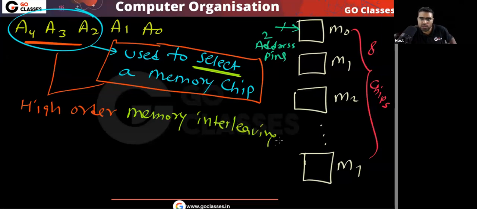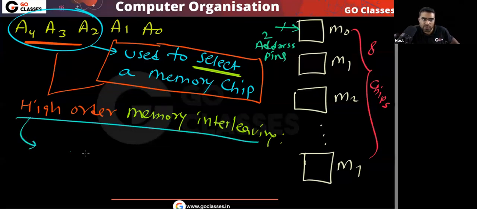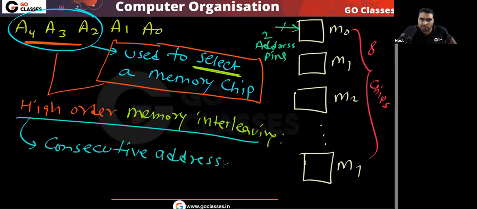And in this high order memory interleaving, what happens? Where will you find consecutive addresses? Consecutive addresses can be found within a memory module.